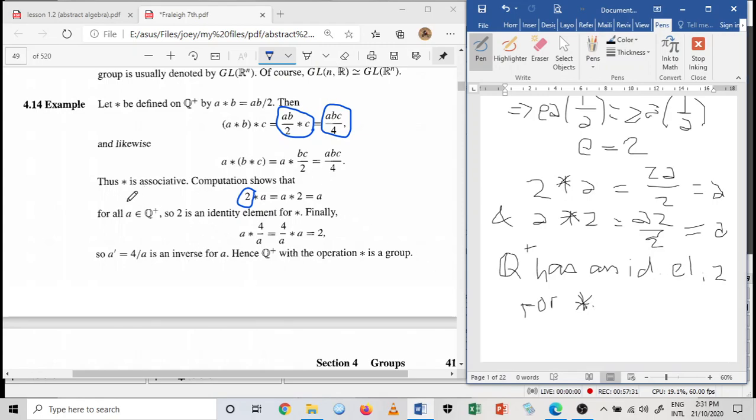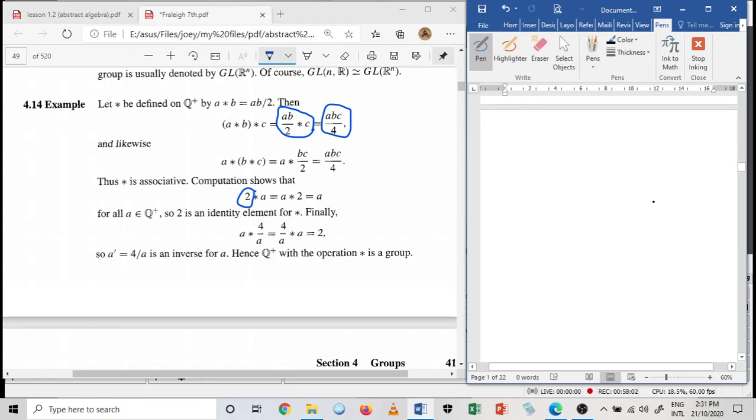Okay. Then finally, we can say that for every element A in the set of positive rational numbers, we can find a corresponding inverse 4 over A, so that if you operate it to A, the result will be the identity element 2.